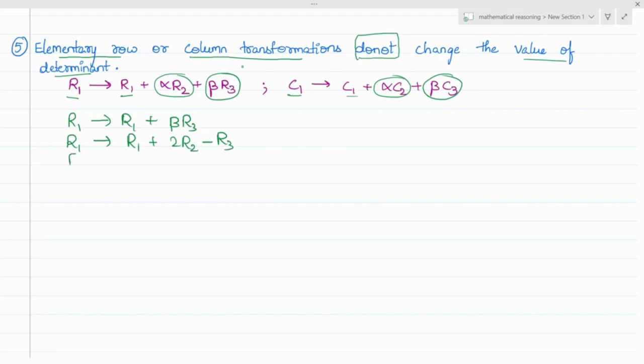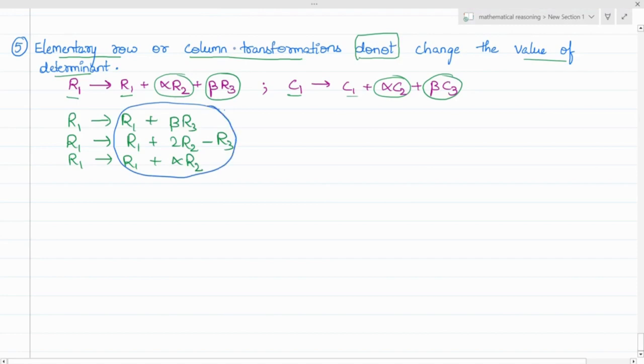If beta is 0, then we'll write R1 plus alpha R2. You need to observe that in all these transformations, the value of R1 is not changing. We are not multiplying anything with R1, but we can change the multiples of R2 and R3.